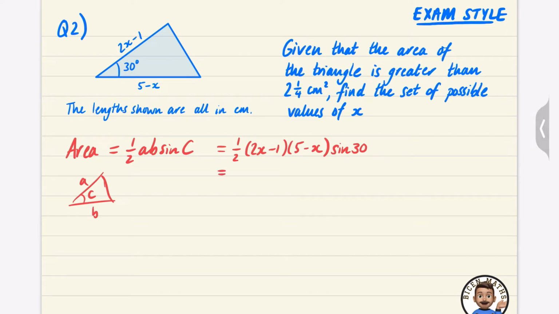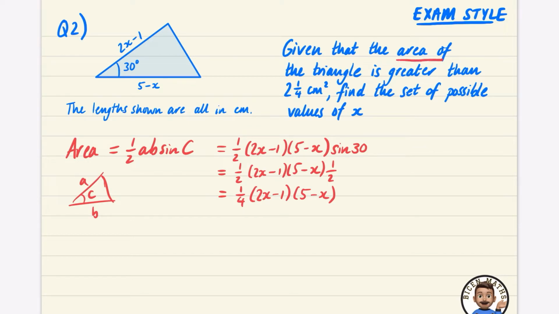So we're going to say that it is a half multiplied by 2x minus 1 multiplied by 5 minus x multiplied by a half. Well, let's just do a little bit of tidying up. A half times a half is a quarter. So the area of the triangle that we have here is a quarter, brackets 2x minus 1, brackets 5 minus x.